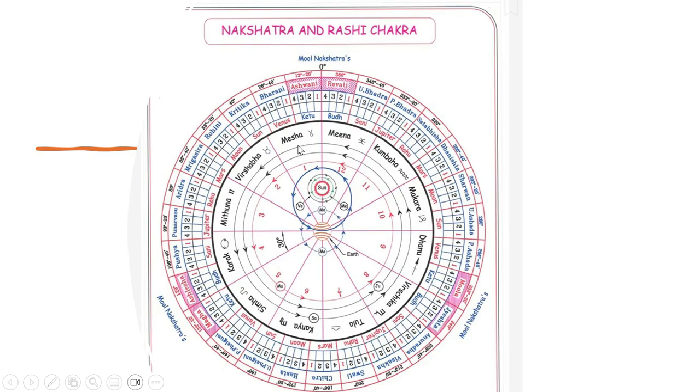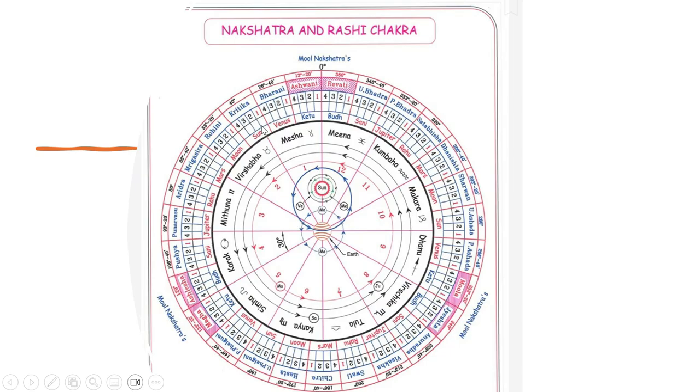Anyways, so see, this you can see is a Rashi. This extends from 0 to 30 degree. First Rashi is Mesha, also known as Aries. And in this Rashi, how many nakshatras are there? Ashwini full is there, Bharani full is there.